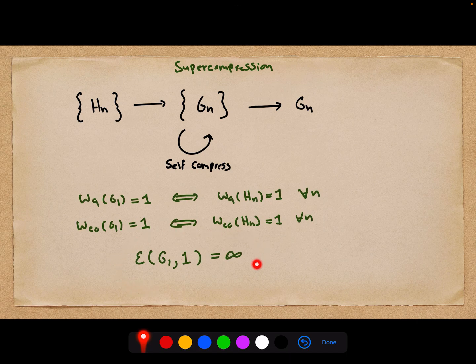Furthermore, we will show that in the supercompression procedure, the outputted game will always have an entanglement requirement for winning it perfectly that's infinite. Namely, no finite dimensional strategy, individual one, can ever perfectly win the game, even though the supremum over finite dimensional strategies may achieve this value. And then we will show how supercompression can immediately be used to obtain our results. But let's now go on and use compression to develop this.